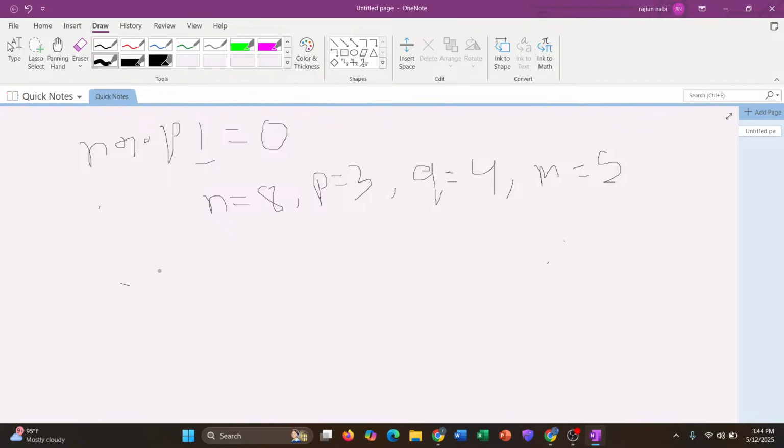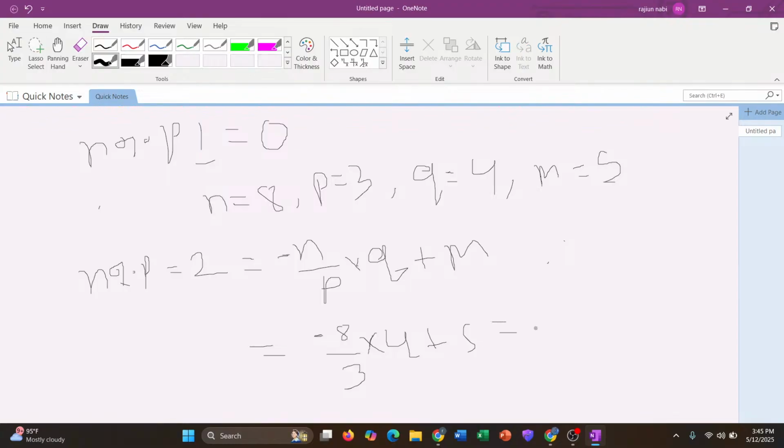Okay, then the first n remainder p elements, that means the first two elements, the sum of it has to be n divided by p into q, minus plus m, which will be 8 divided by 3 minus into 4 plus 5, which is equal to 2 into minus 2 into 4.